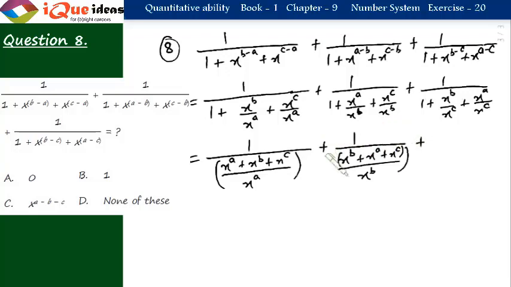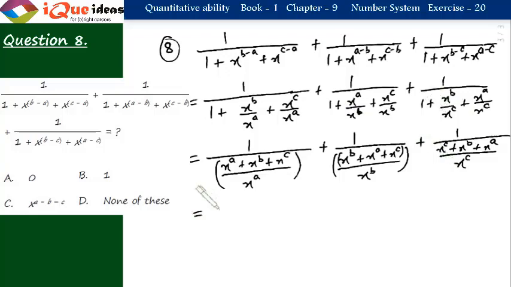Plus in the third one we will have 1 divided by LCM, which is x raised to the power c, and in the denominator we will have x raised to the power c plus x raised to the power b plus x raised to the power a. Now this x raised to a comes in the numerator, x raised to b comes in the numerator, and x raised to c comes in the numerator.